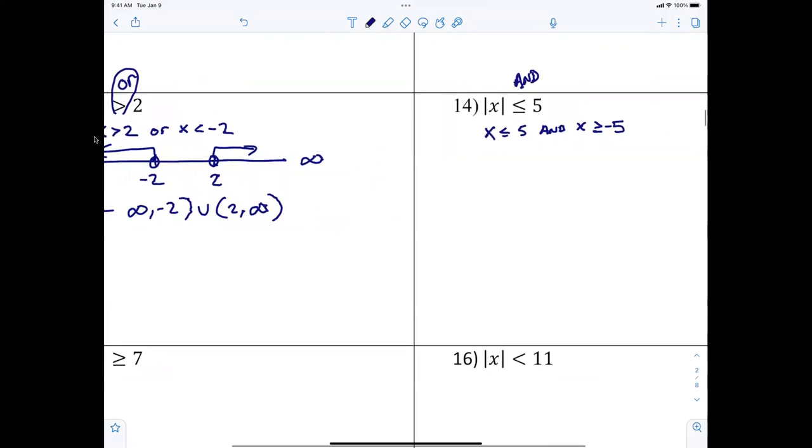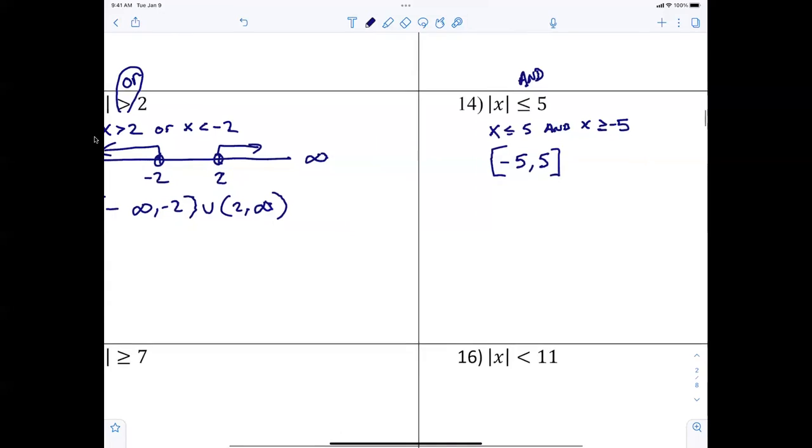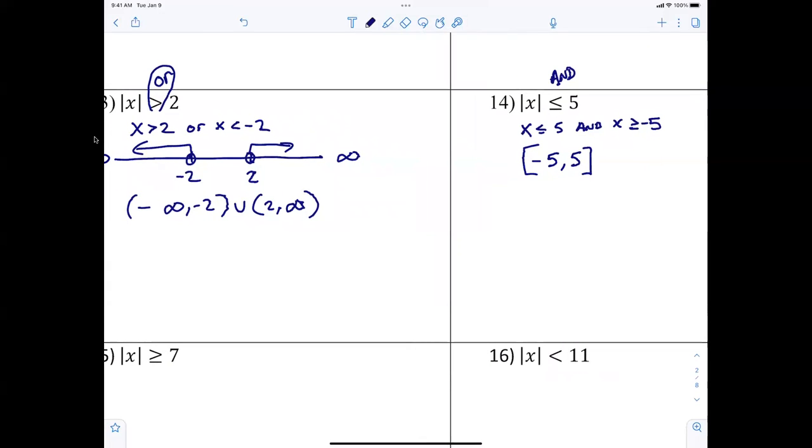All right, so interval notation, where everything between -5 and 5. Again, greater than or less than is and.